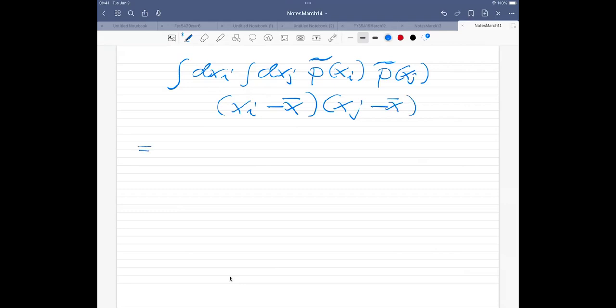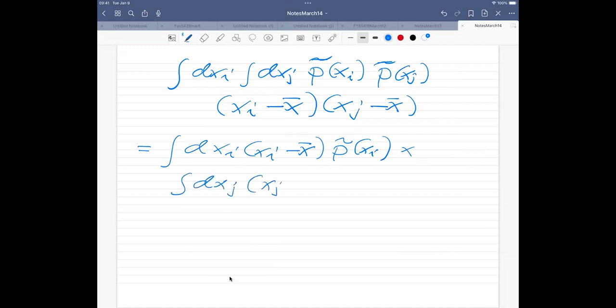And these are obviously integrals which we can separate. So I have the integral of dx_i of x_i minus x bar times P of x_i, multiplied with the integral of dx_j of x_j minus x bar times P of x_j.